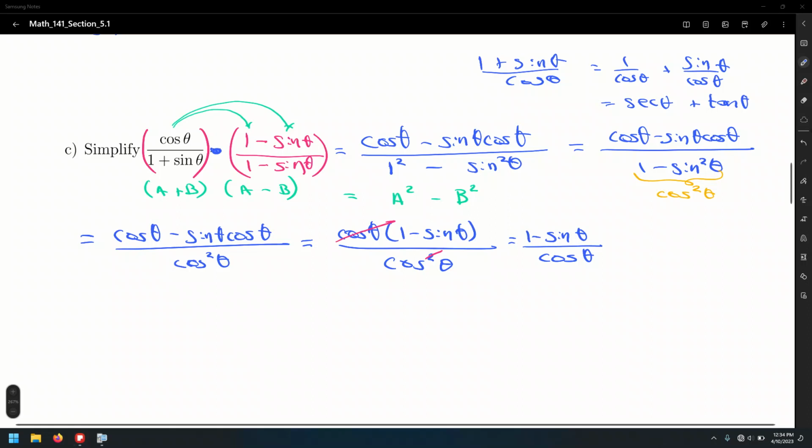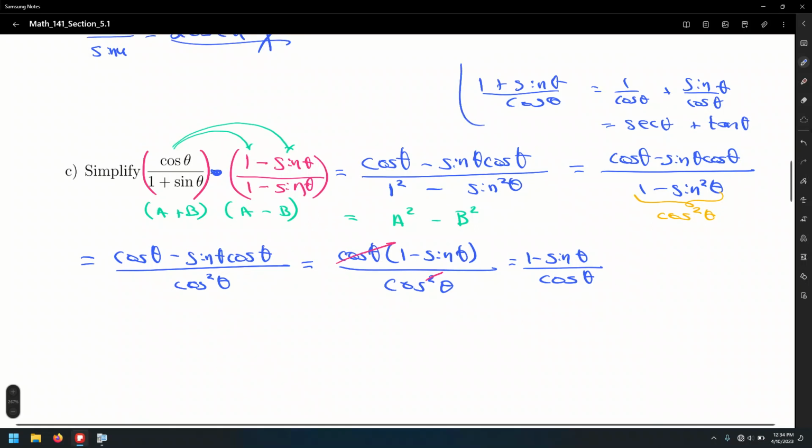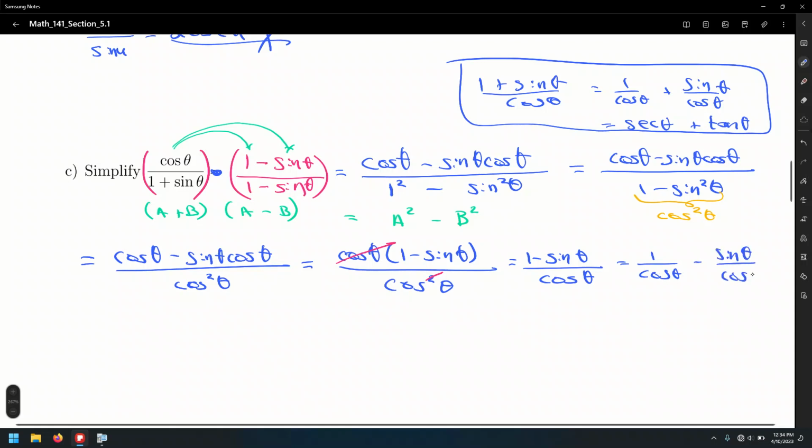Here we can do the split up trick that we did before, right? What I did here, and that's 1 over cosine minus sine over cosine. And then keep using basic identities to rewrite this too.